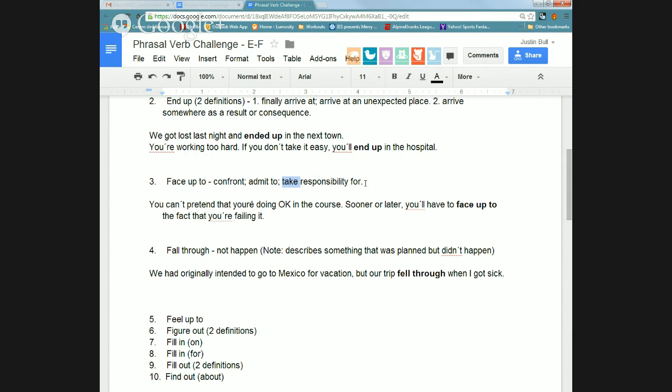It depends on the context, I guess. I have responsibility for. That's a tricky one. I know take is definitely more common. I have the responsibility of being a mother. Yeah, you have responsibility of being a mother. That works. It's a different context, so this is to confront more, take responsibility for.